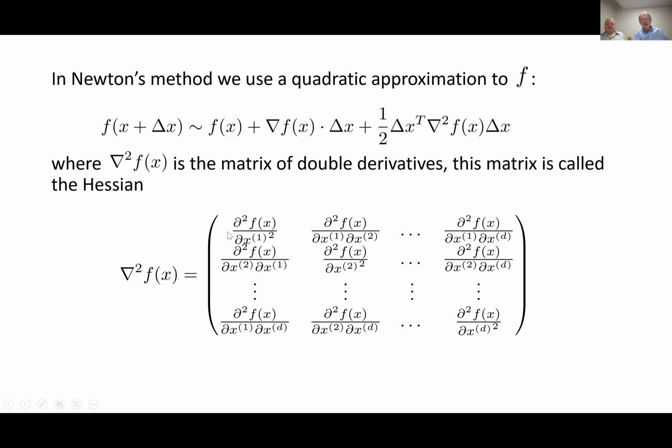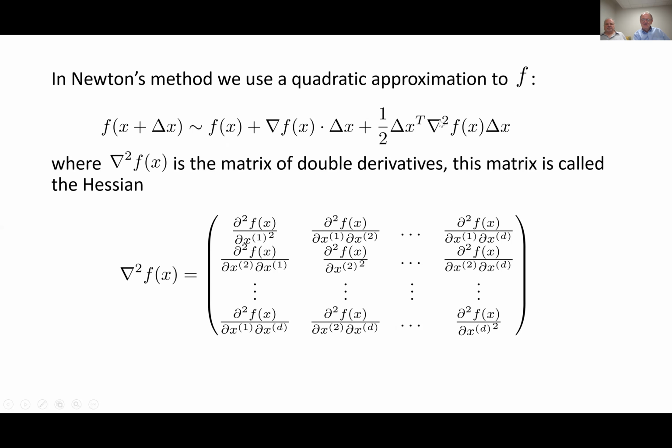This is a more complicated expression, where f(x + delta x) is approximately f(x) plus the gradient of f times delta x. This part is the same as before, but there's an extra term that involves the double derivatives of f, and that will have delta x as a quadratic term.